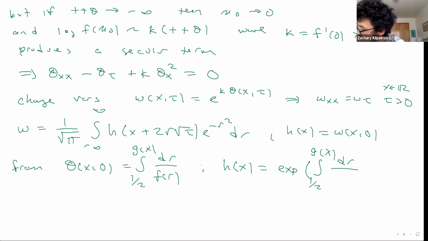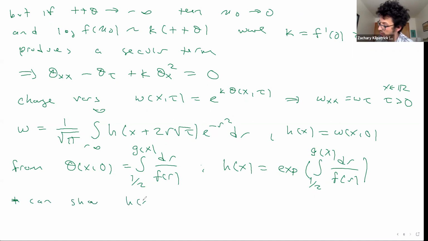So we have an initial value problem for w of x that we were able to solve, and we have this initial condition that we can impose. I'll just note that you can show that h of x is well behaved. This is an example in Holmes 3.10.